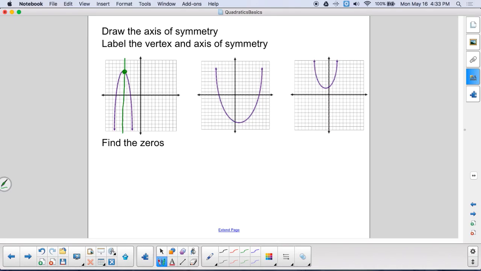It's a little tough to see on my graph, but it looks like the point (-5, 7) would be the label of my vertex. The axis of symmetry is a line. So this is a vertical line, we label it x equals -5.